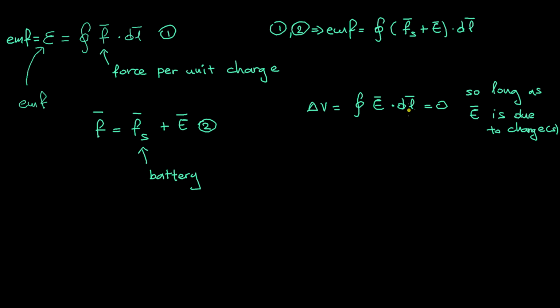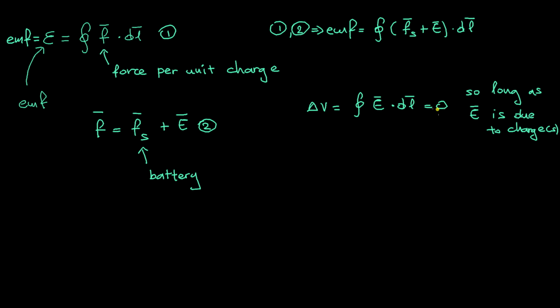Okay, we have seen this, and that's why in the book you may see that EMF is the closed path integral of Fs dot dl, because you see that the closed path integral of E dot dl is 0.